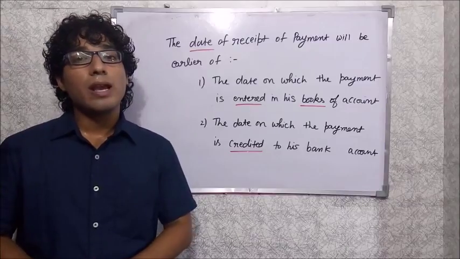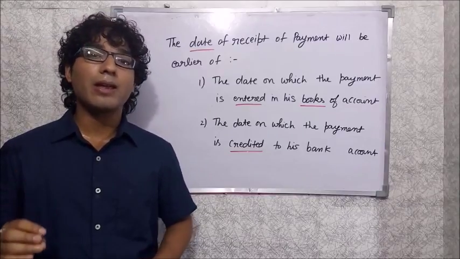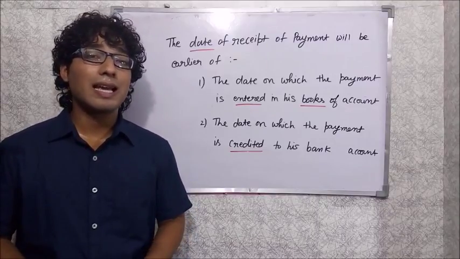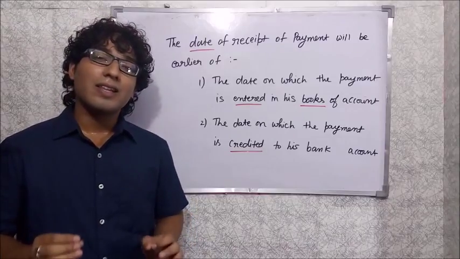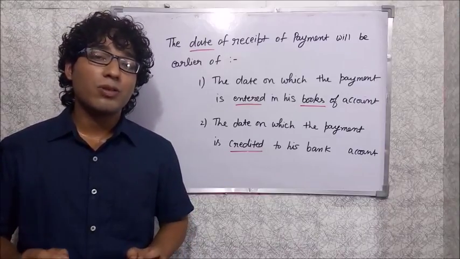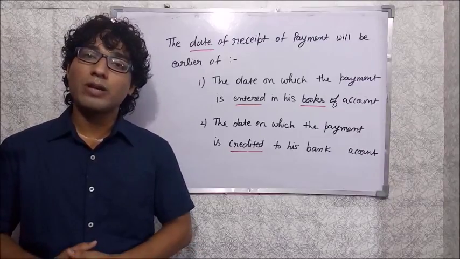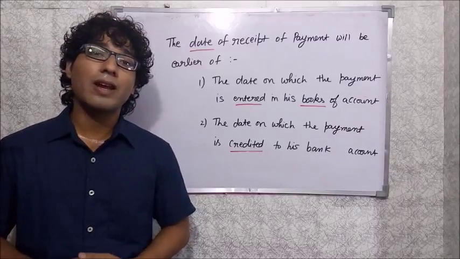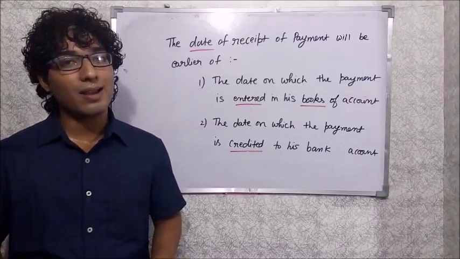As soon as he receives the amount, you can check the passbook, or check electronically through internet banking whether the amount has been credited, and if yes, the second event is fulfilled. We take the earlier of those two events, and whichever is earlier will be considered as the date of receipt of payment by the supplier.